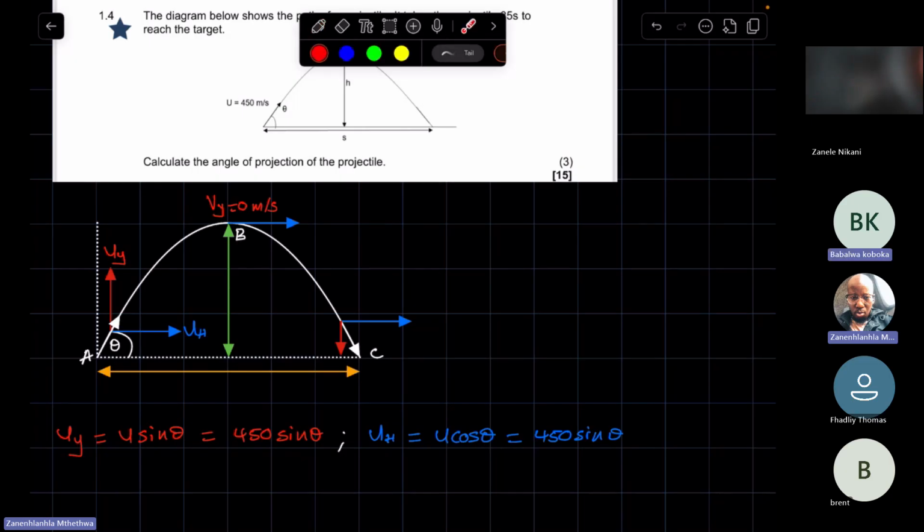Remember that as the projectile approaches the apex, the velocity decreases. Why does the velocity decrease? It decreases because of gravitational acceleration. The only quantity that is able to change velocity is acceleration. If acceleration changes, then the velocity changes.